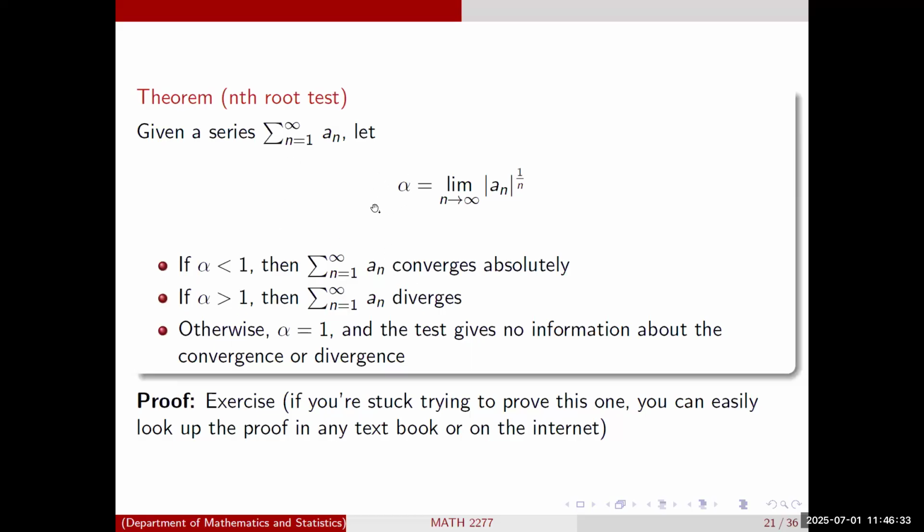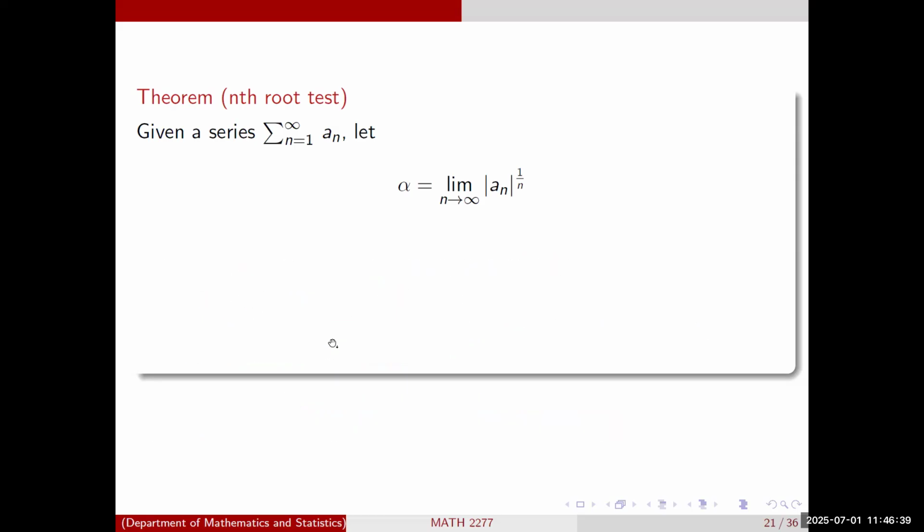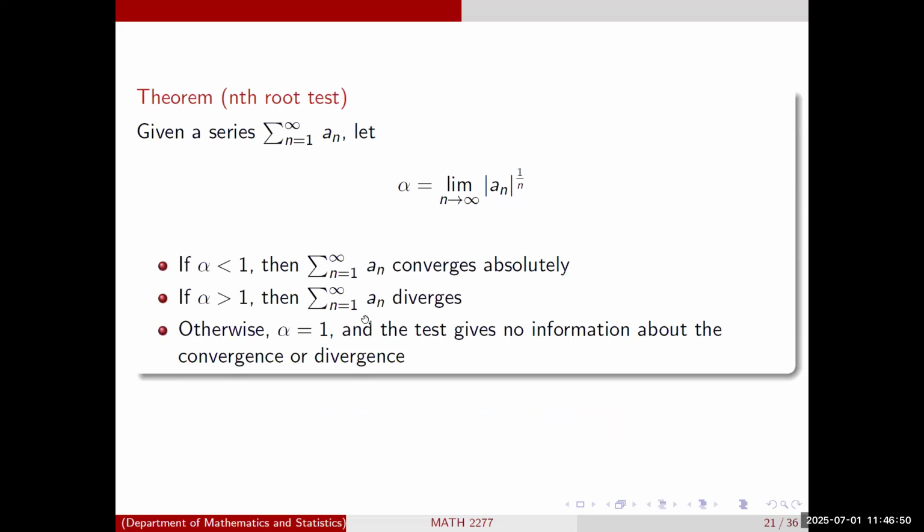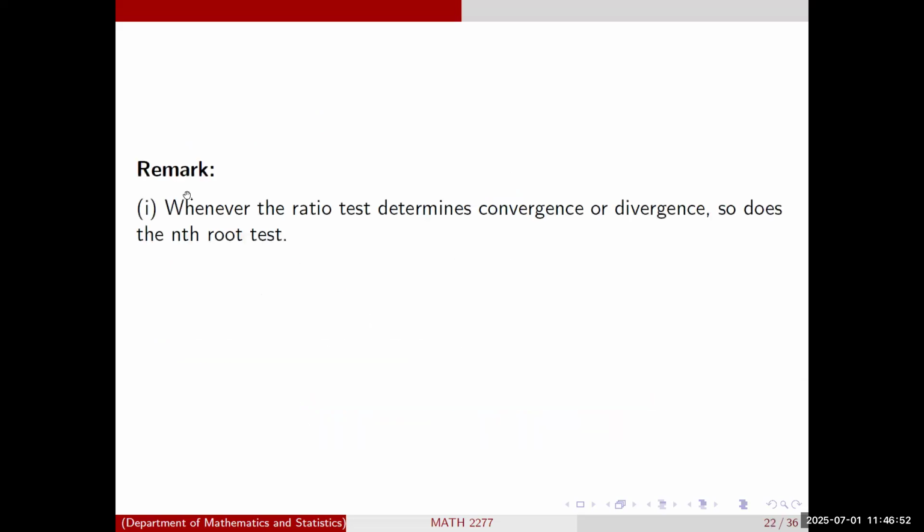So the reason why the conditions on alpha are so closely tied to the conditions on L, why they look the same, is because one of them is used to prove the other. Right? I can't remember which one is used to prove which.